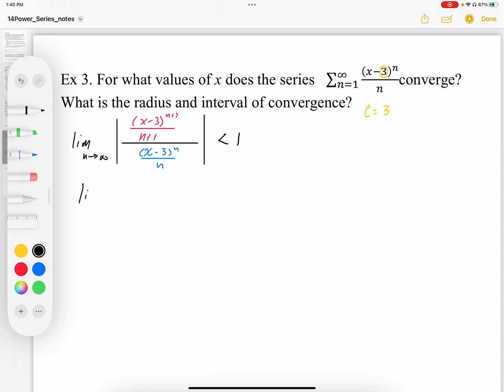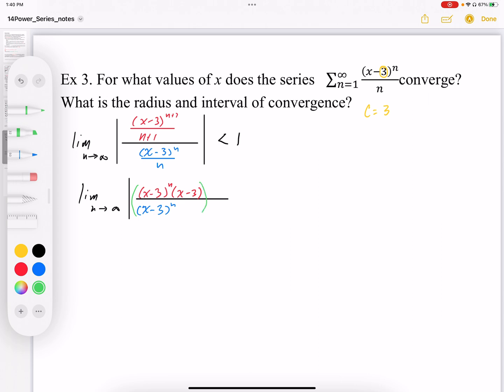So I'll group together my terms. So limit as n approaches infinity. I'm going to group together my x terms and my n terms. So my x terms, we end up with (x minus 3) to the power n plus 1. So I'm just going to write an extra x minus 3 factor. In the denominator, I have (x minus 3) to the power n.